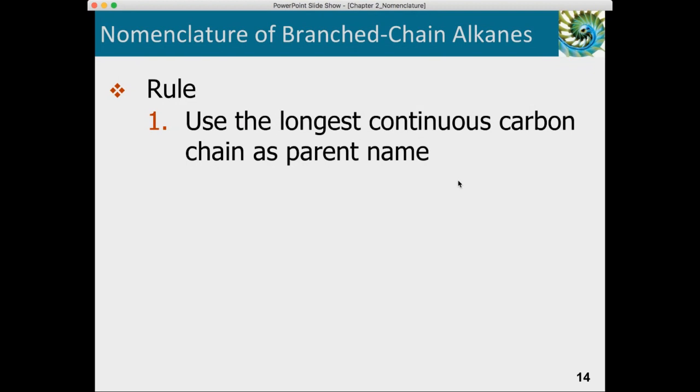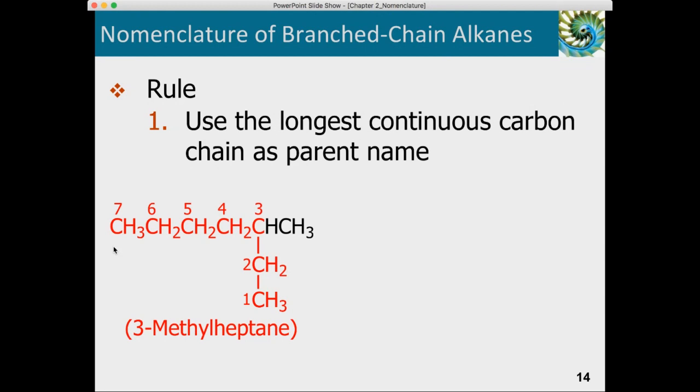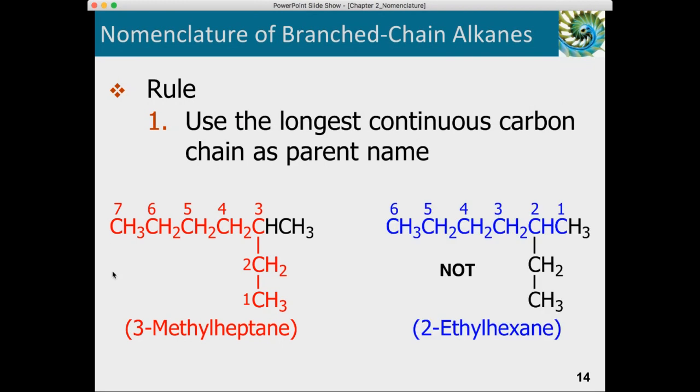So the first step whenever you're going to name an organic compound is to identify the longest continuous carbon chain. And that would be the name of the compound. So here is an example of a compound. Once again, you do not want to be confused on how the compound is presented, okay? So here is this compound.